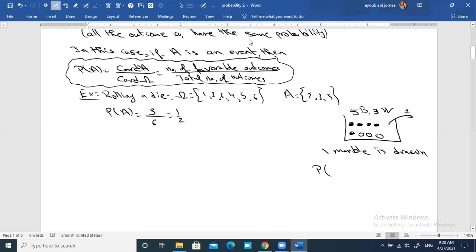The probability of this marble to be white is the number of outcomes of this event, the marble is white. How many outcomes? You have 3: white 1, white 2, or white 3. You have 3 over the total. In total, the number of ways you can select a marble from this jar is 8. So 3 over 8.